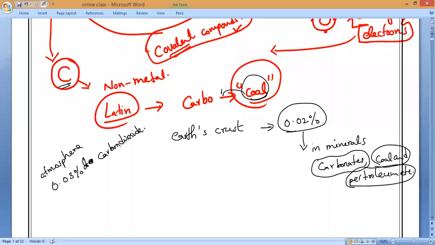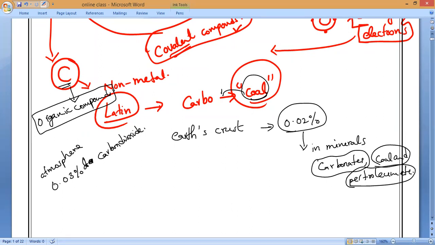In our surroundings, we can ourselves observe carbon compounds, which we used to call organic compounds. Most of the compounds we see in our surroundings, including our body, are made up of one of the substances, carbon.